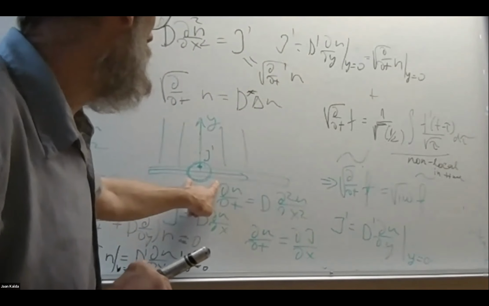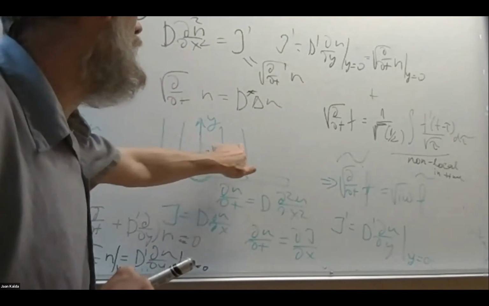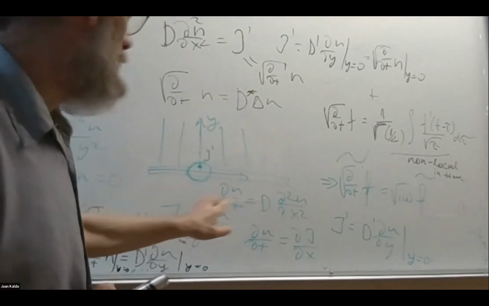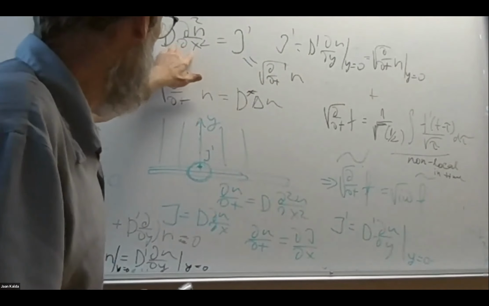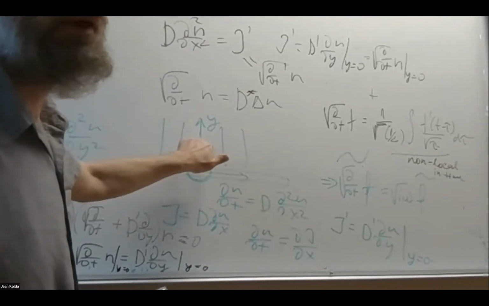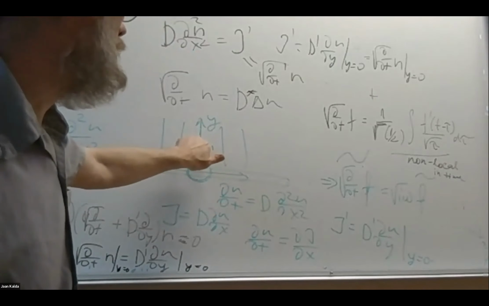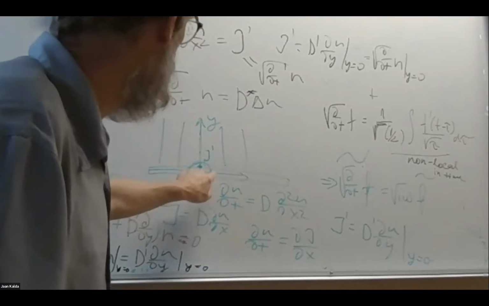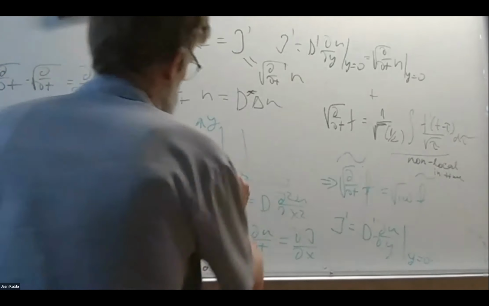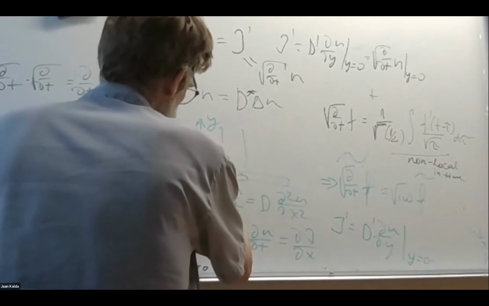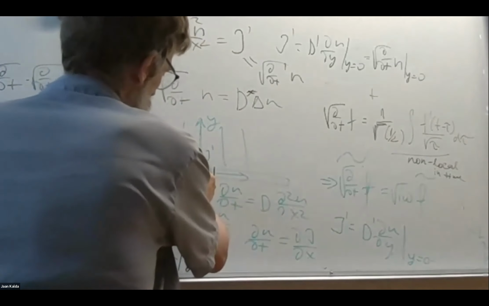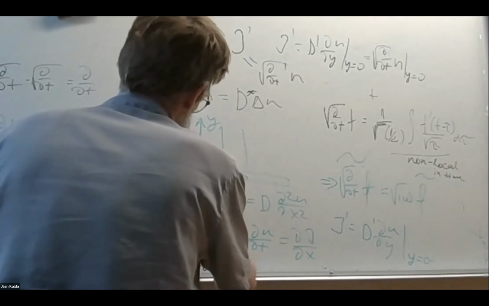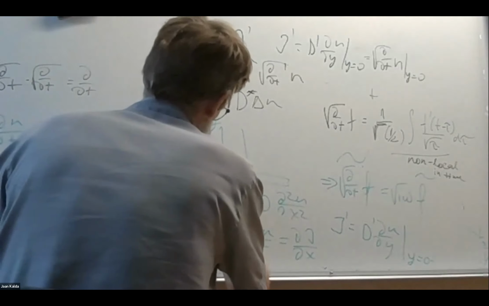To do it more correctly, you would need the density of the T's as well, because right now I assume unit length between the T's. So flux here minus flux here, J at x and J at x plus 1.